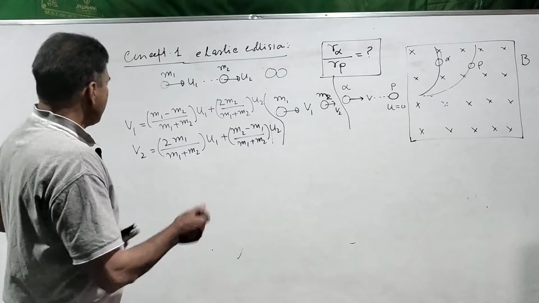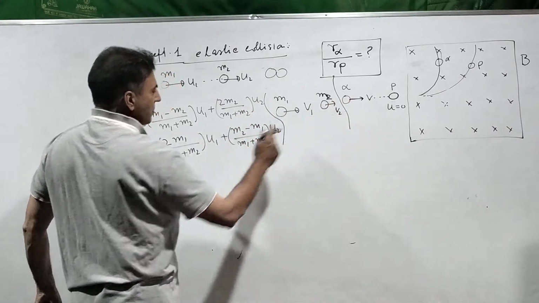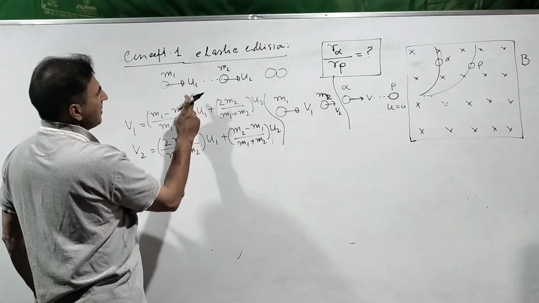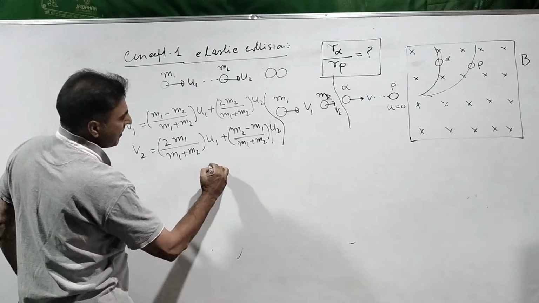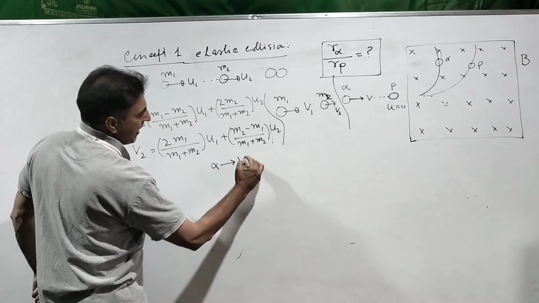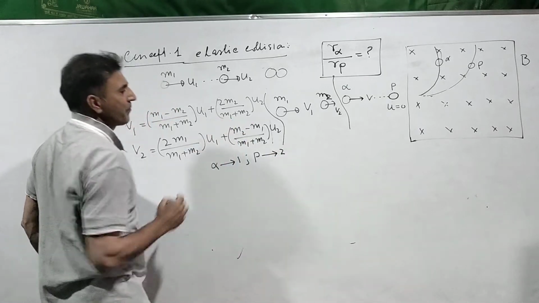So the striking particle is the alpha particle. Let the alpha particle correspond to 1 and the proton correspond to 2.